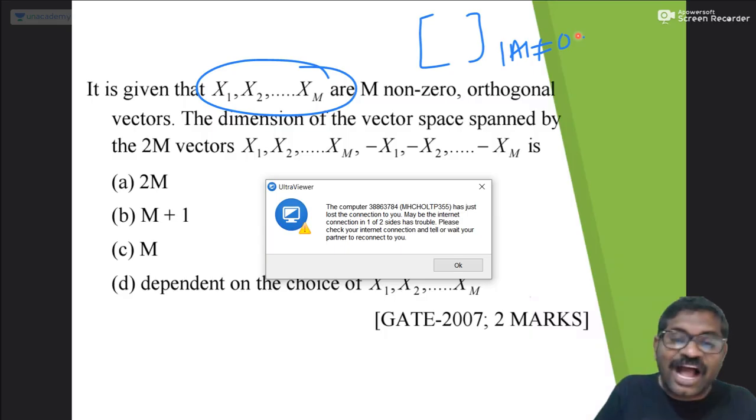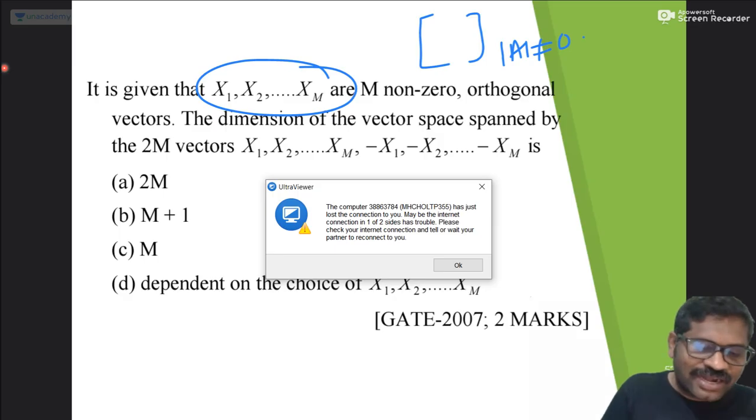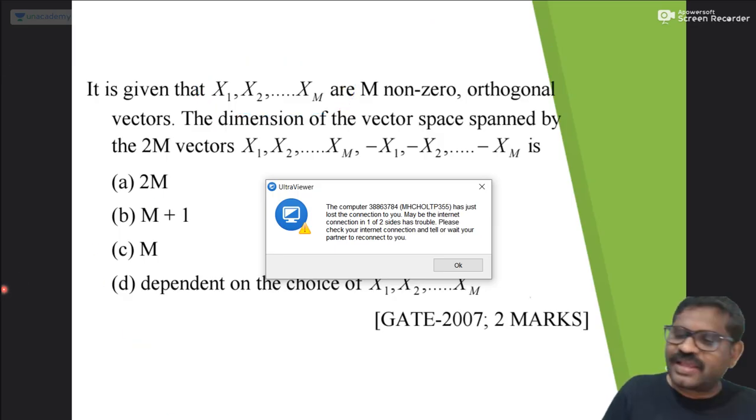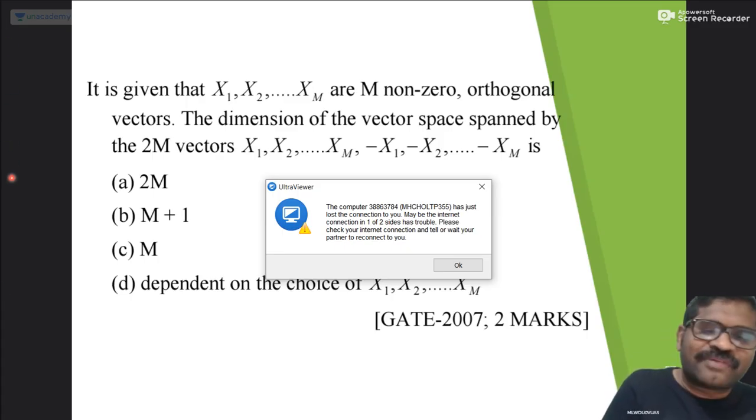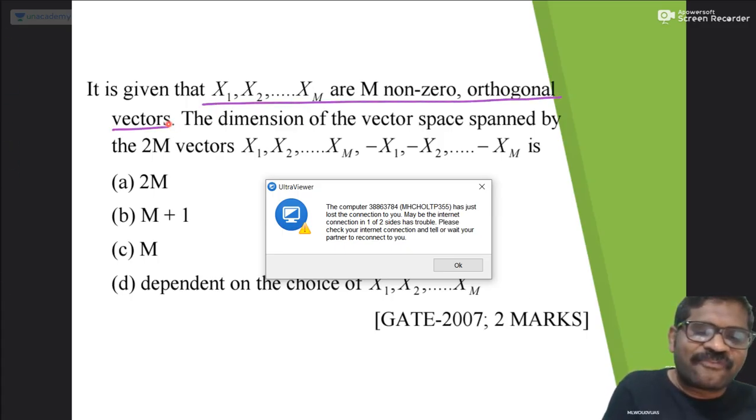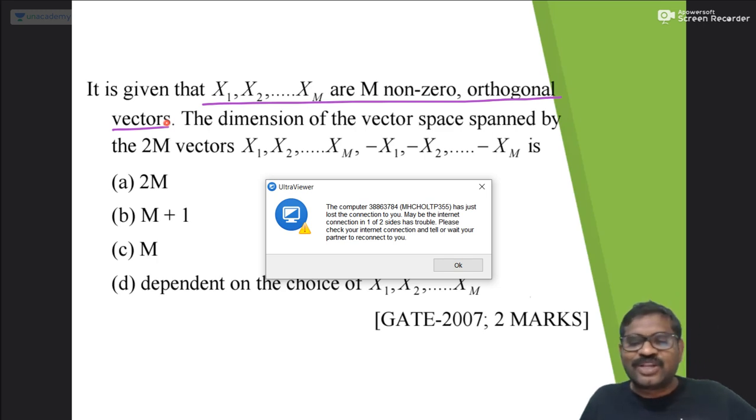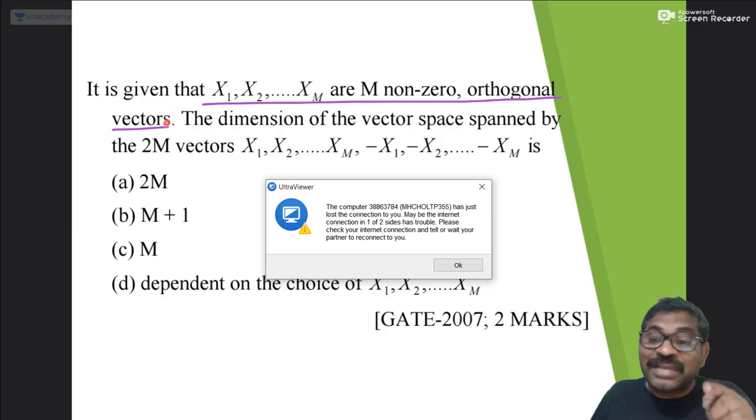So here, how many vectors are linearly independent? Tell me now. M linearly independent vectors, because he has mentioned m vectors are orthogonal vectors. So m are linearly independent. Now, our job is to calculate the dimension of the vector space spanned by 2m vectors.